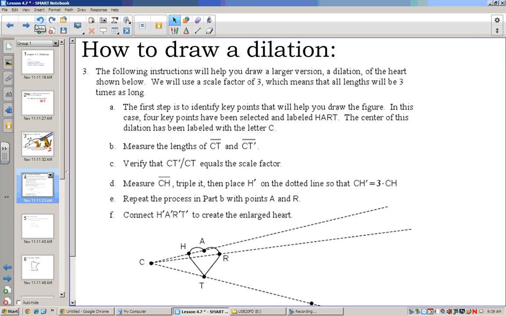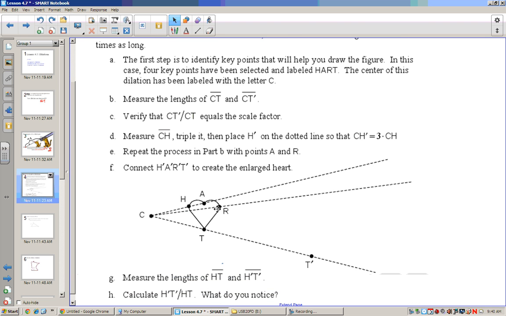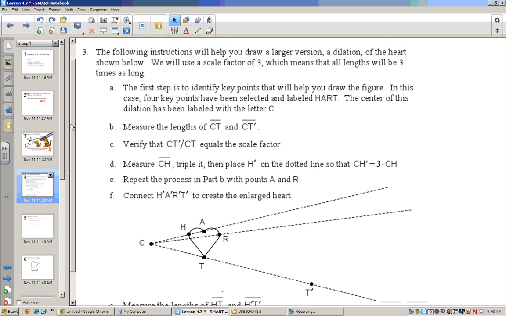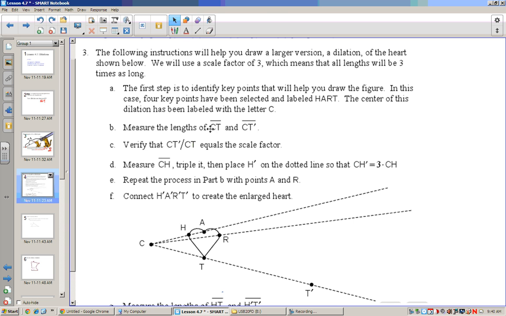So if you open up your packets to number 3, I'll get you started and hopefully you can finish this. Since this is blown up, it's not going to be perfectly to scale, so I can't draw it out. But I want you to measure the distance from C to T, get that distance.